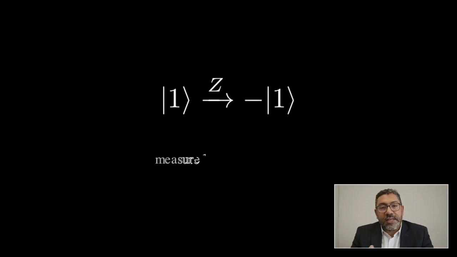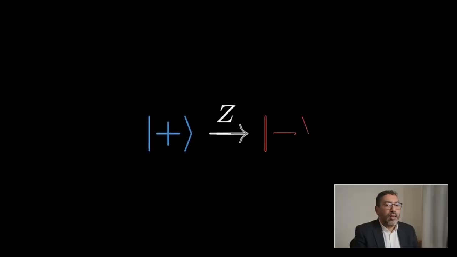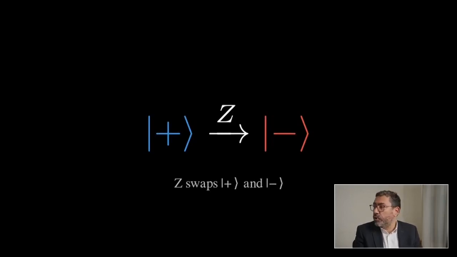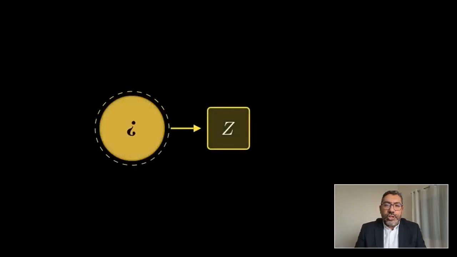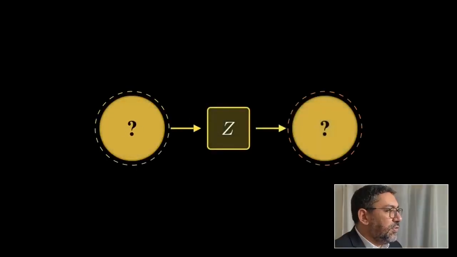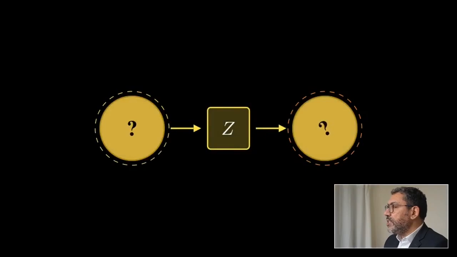If the qubit is clearly 0 or clearly 1, this phase may look invisible when we measure. But in a superposition, that minus sign can change how the qubit behaves after more gates. With our coin analogy, Z does not flip the coin. It changes the direction of its hidden rotation.